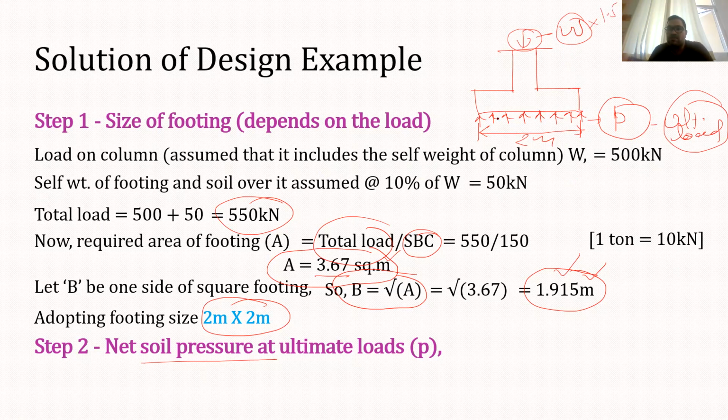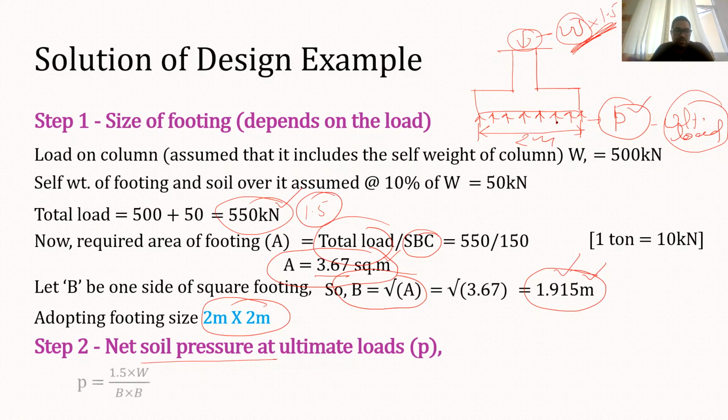Why? Because we are calculating the net upward pressure on extreme load. I mean, the actual load is 550, but at limit state of collapse, we multiply this with the 1.5 factor. So at this extreme load, what will be the maximum net upward pressure that we are required to find out?